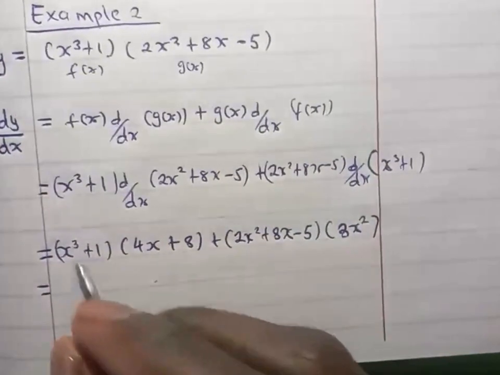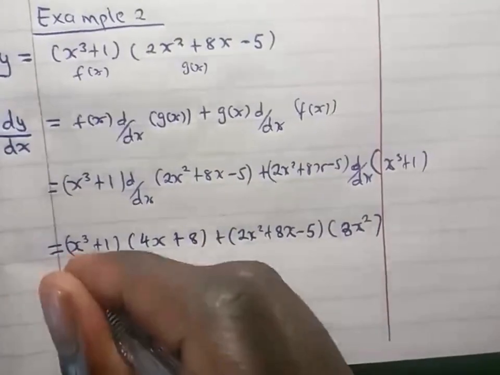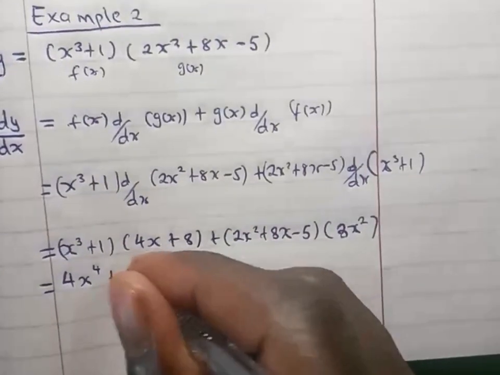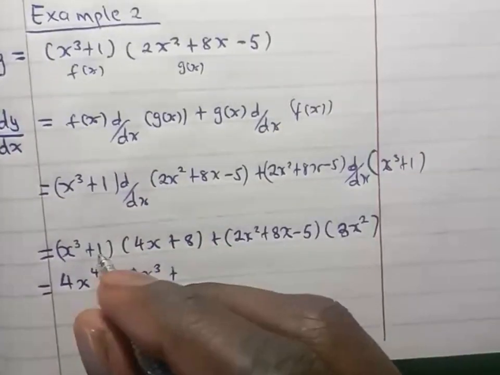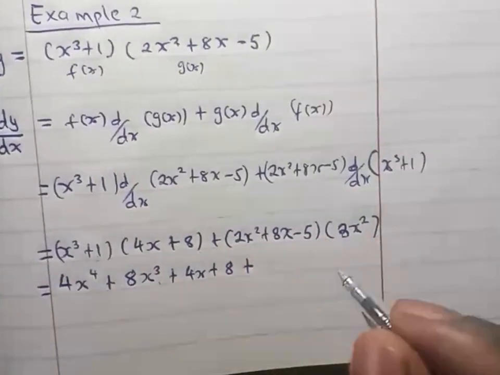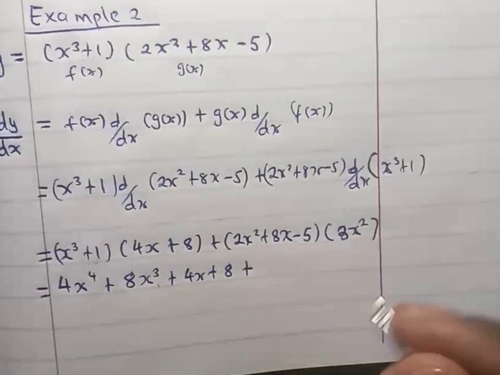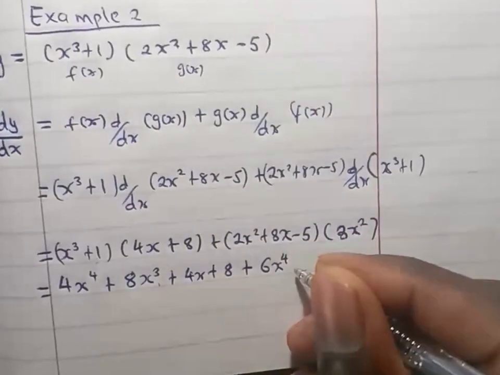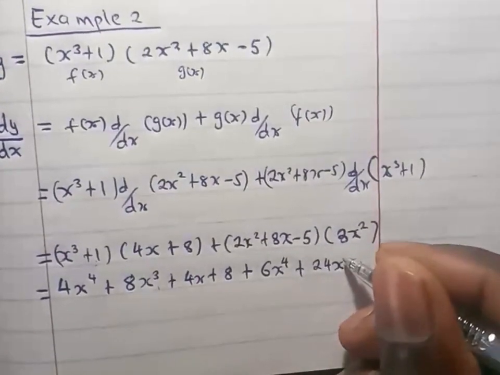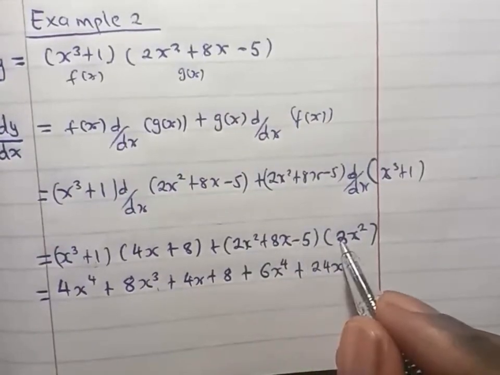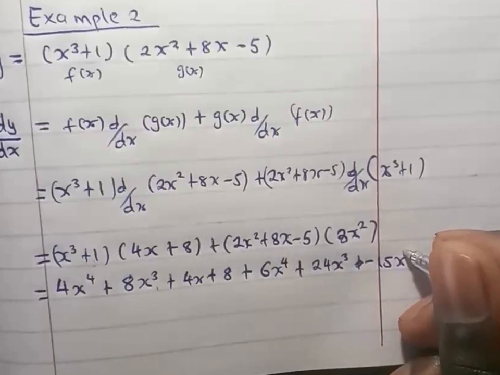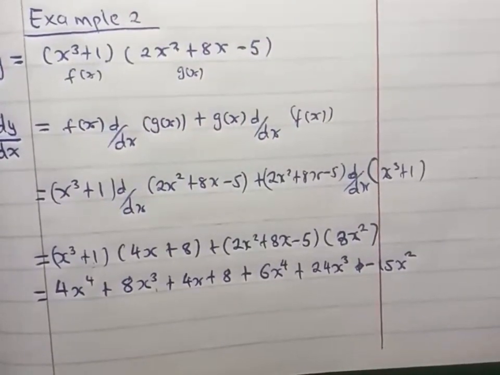So we will break the two brackets. x cubed, we are going to multiply by 4x to get 4x to the power 4, plus x cubed, we are going to multiply by 8 to get 8x cubed, plus 1, we are going to multiply by 4x to get 4x, plus 1, we are going to multiply by 8 to get 8, plus 2x squared, we are going to multiply by 3x squared to get 6x to the power 4, plus 8x, we are going to multiply by 3x squared to get 24x cubed, plus negative 5, we are going to multiply by 3x squared to get minus 15x squared.